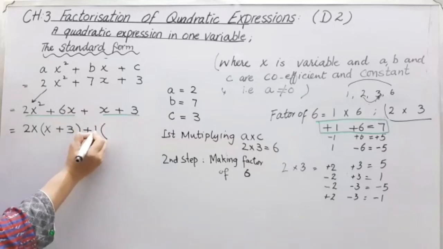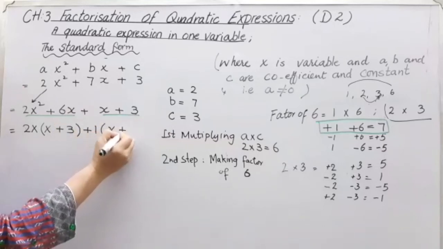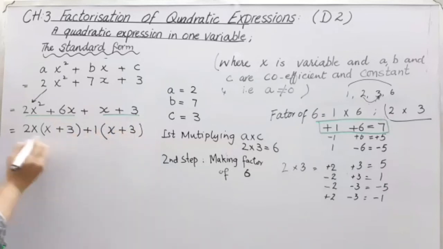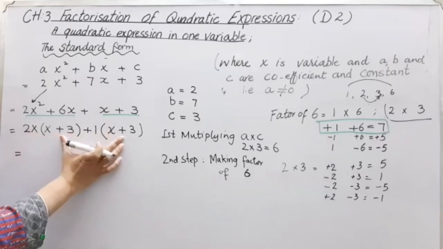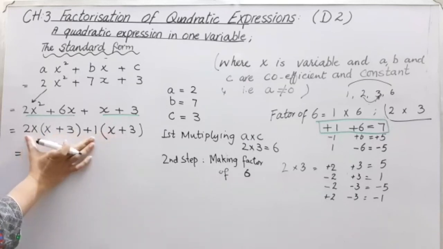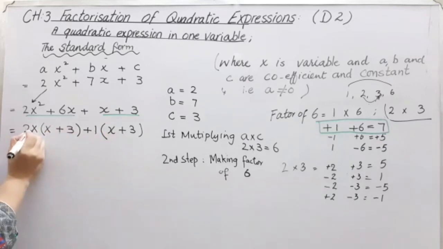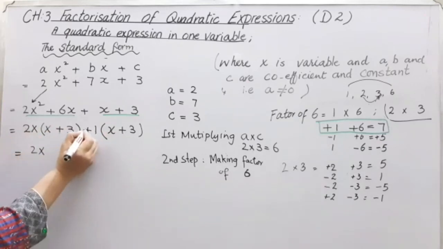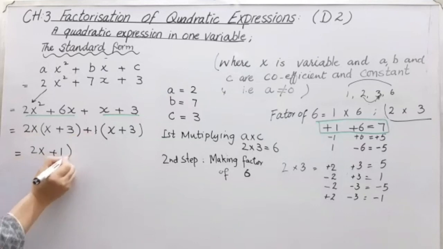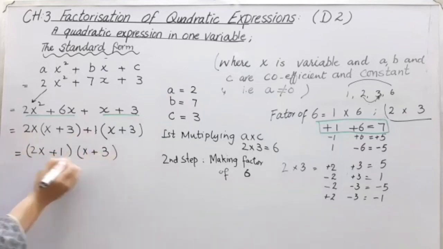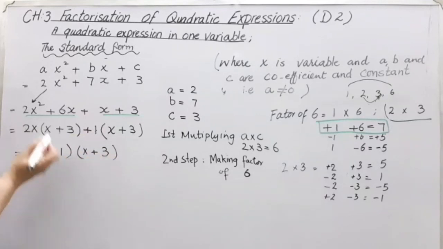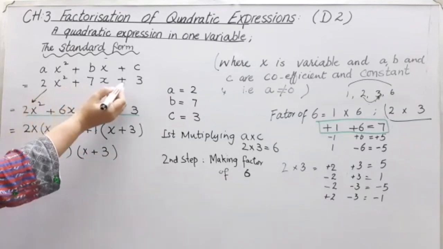So we take 1 from them, x plus 3. Now we combine this. x plus 3 is common from here and the remainder is 2x plus 1. So we take 2x plus 1 here and x plus 3 here. This is the factors of the equation 2x square plus 7x plus 3.